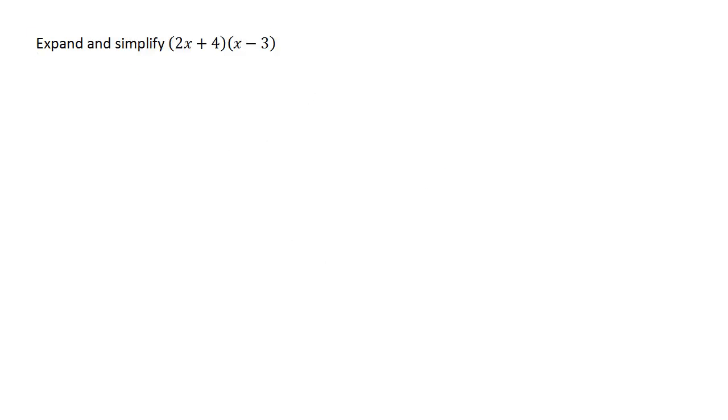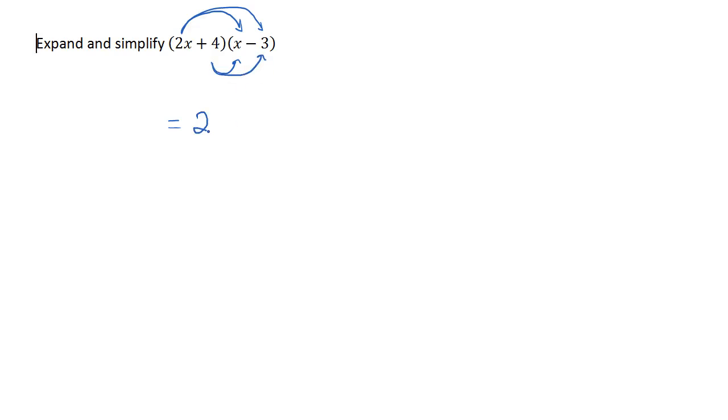Now in this example, we don't have a monomial, something with one term, times something with two terms. We have two terms times something with two terms. But we're actually going to do the exact same thing as before. We're going to take the first part, the 2x, and use the distributive property on that. Then we're going to take the second part, the 4, and use the distributive property on that as well.